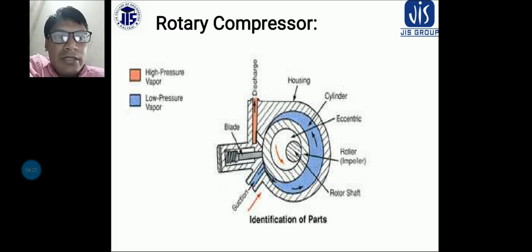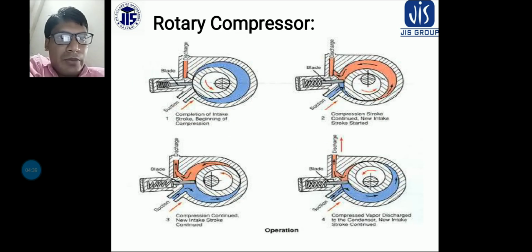Now the roller type rotary compressor is also shown in the figure. Again, with the help of this figure and four different positions of the roller type rotary compressor, I have shown how it is operated and how it is working.